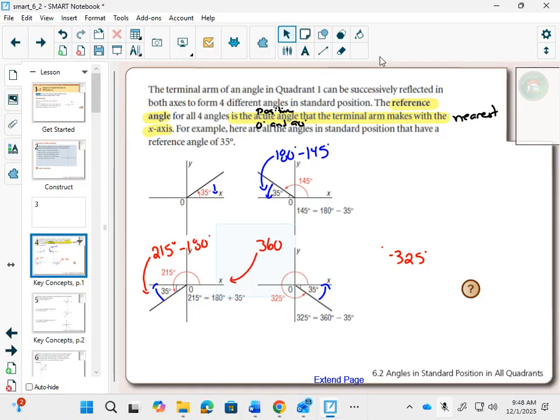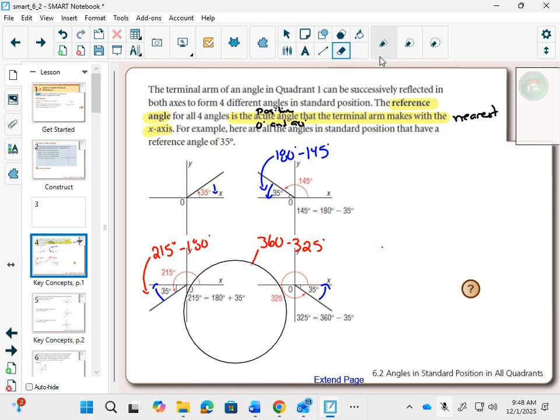All right, I'm going to move this over here. Now, why do reference angles matter so much? And how does it help us with angles above 90 degrees?